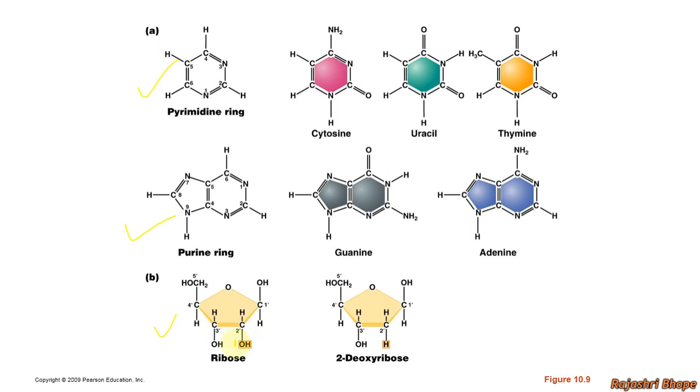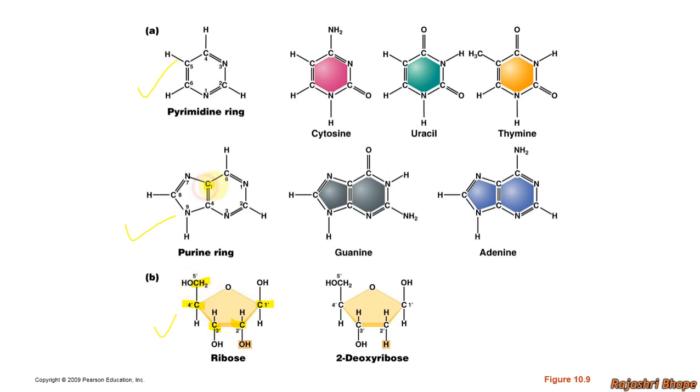If you see the carbon atoms, this is a pentose sugar. Why pentose? Because it consists of 5 carbons. This is carbon number 1, 2, 3, 4 and 5.